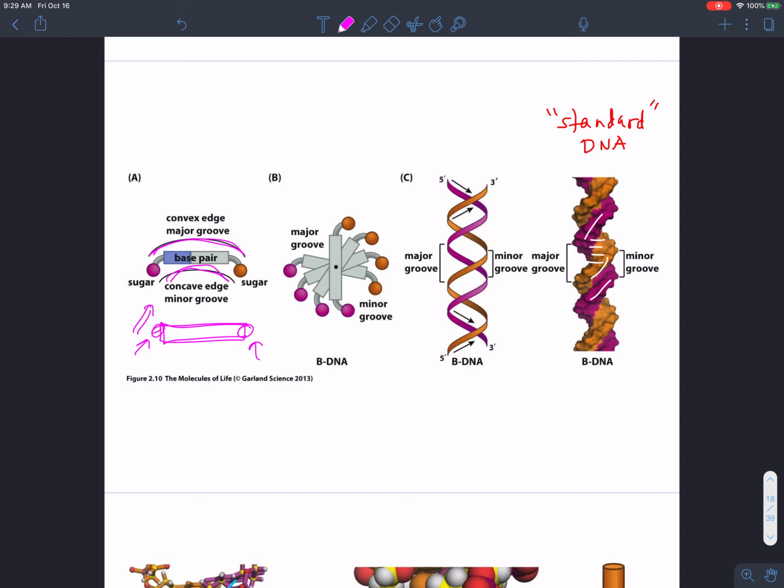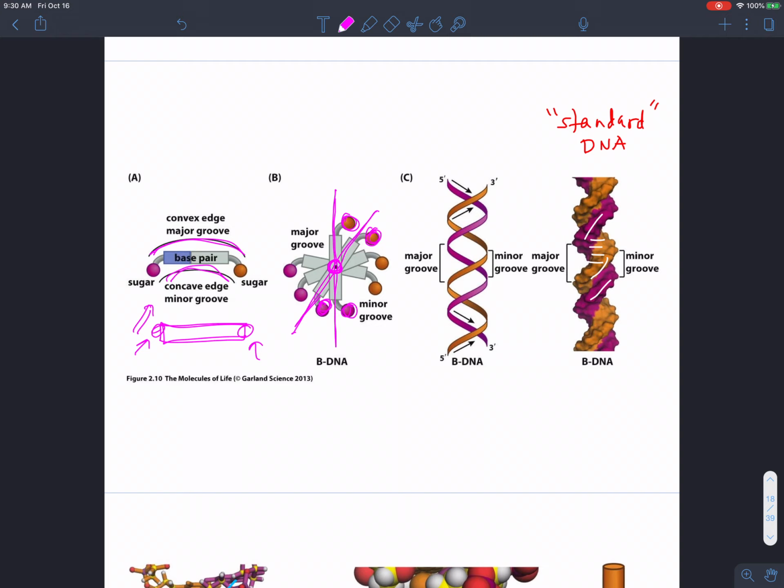And what that means is that when the bases stack on each other, if they stack in a way that the bases go across the center axis of the double helix, then the sugars are a little off center. If this is the center line for the helix, then the bases are on it and the sugars are a little off center. And that's true as you go down the helix. Every single center line goes through the bases, but the sugars are a little off center.